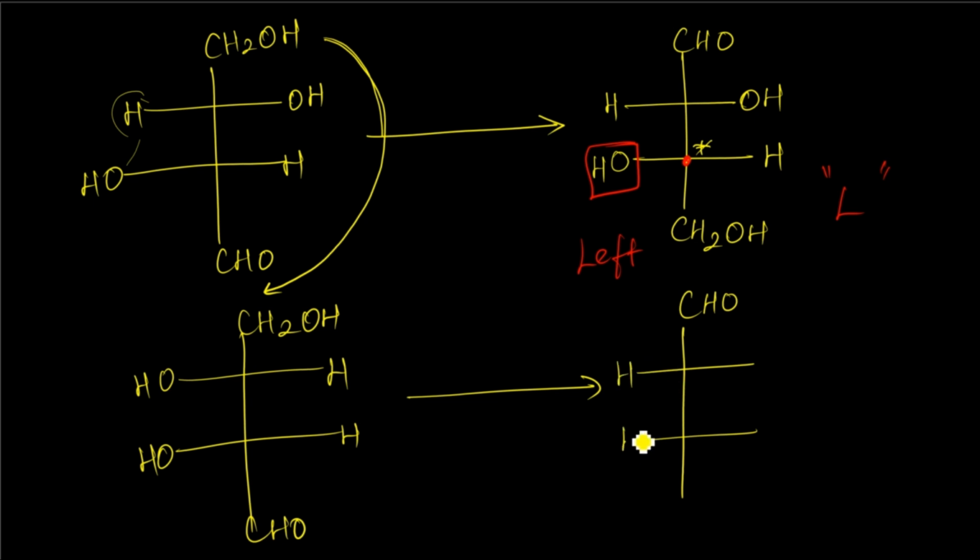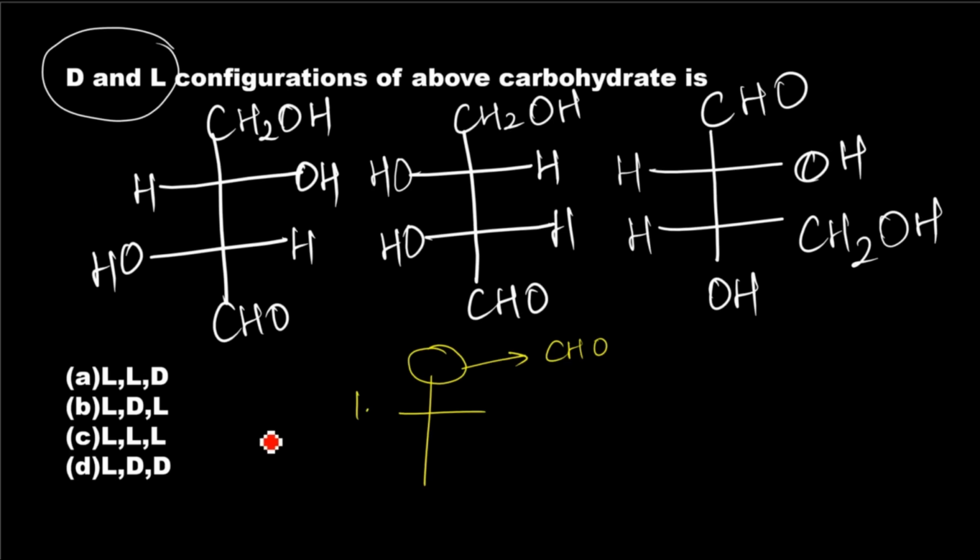So H, OH, OH, and CH2OH. Here you can see once again the OH group is on the right side, which means this is D configuration. So let's see the options. C and A are eliminated, so either B or D can be our answer.